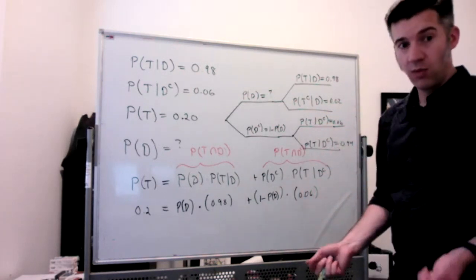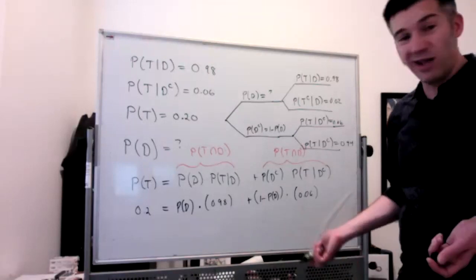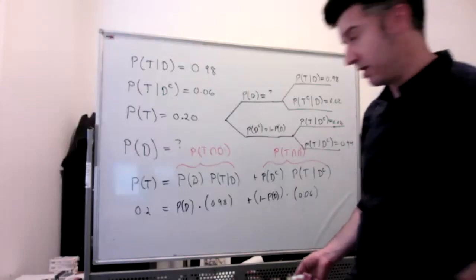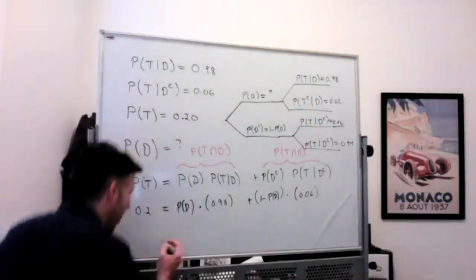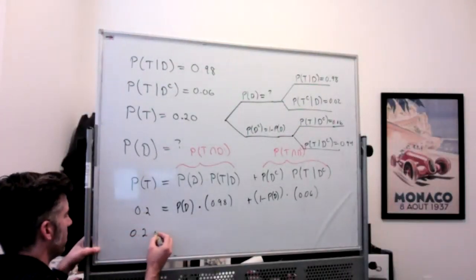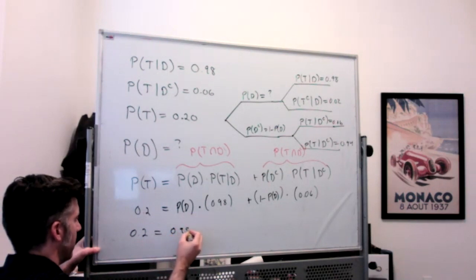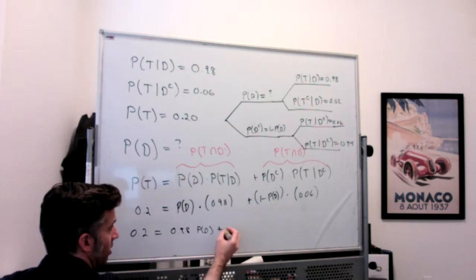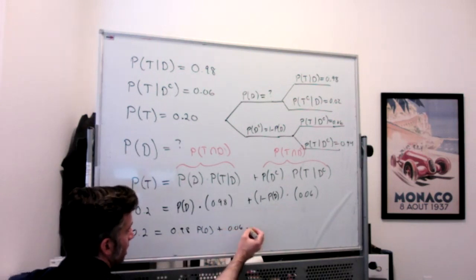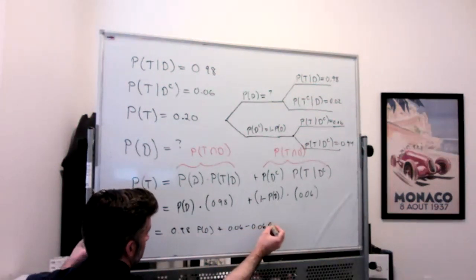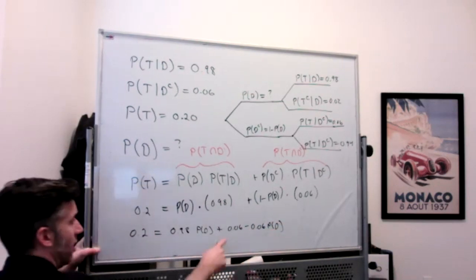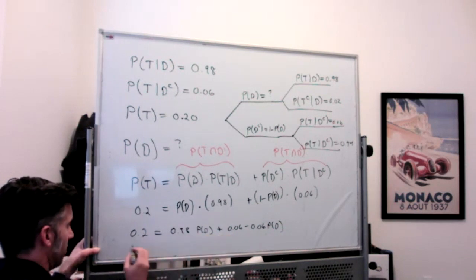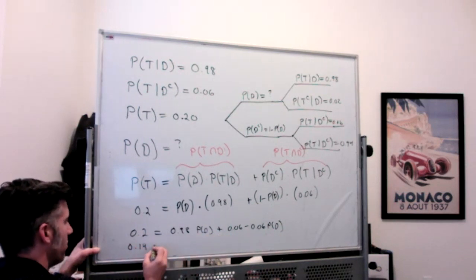Now look, we have an equation and there's only one unknown, P of D. So we can actually figure out what P of D is equal to here. So let's see, I've got 0.2 equals 0.98 times P of D plus, distributing the 0.06 there, 0.06 minus 0.06 times P of D. Subtract 0.06 to this side, so 0.2 minus 0.06 is going to be 0.14.